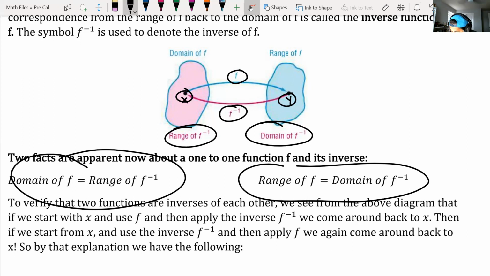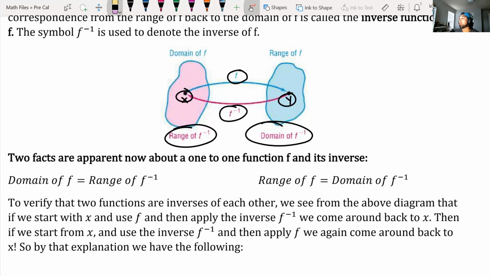And to verify that two functions are inverses of each other, if we compose them, we should always arrive back at x. So if we started at x and used function f, we would get to y, but then if we use the inverse, we should always arrive back at x.